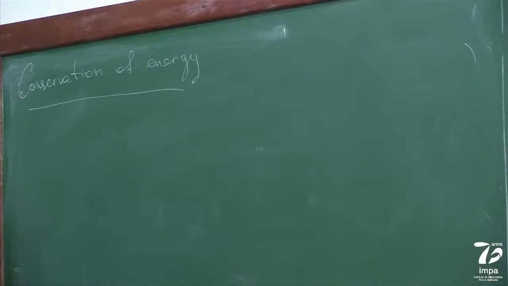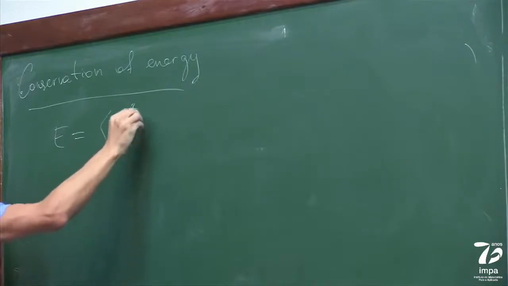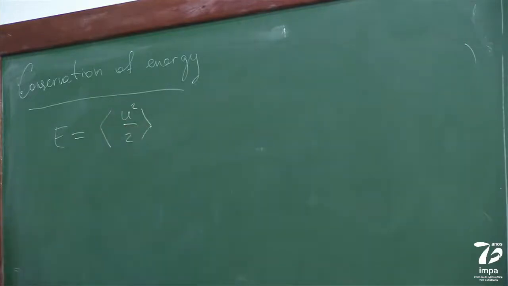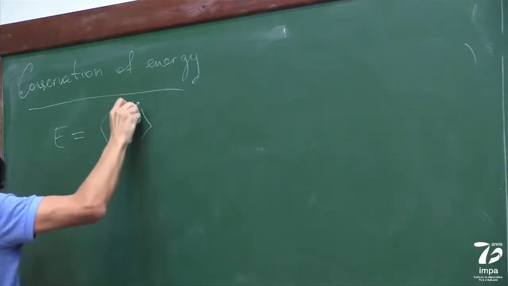What we will need in the derivations is, we call energy the mean of the square of the speed over 2, so actually the modulus squared.